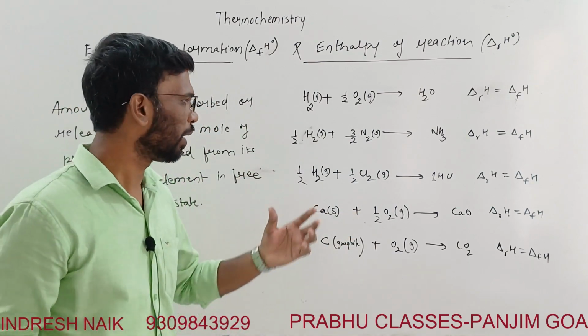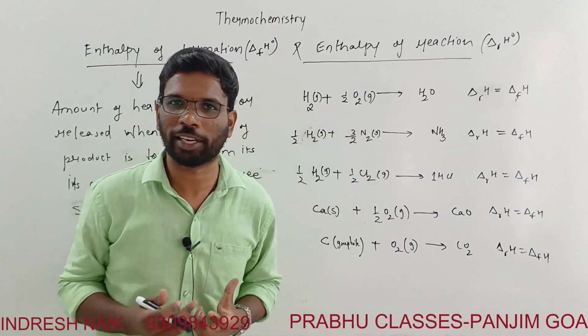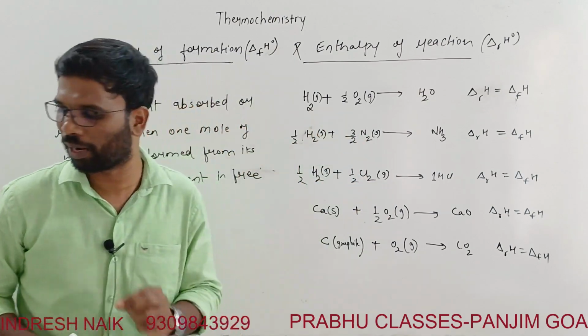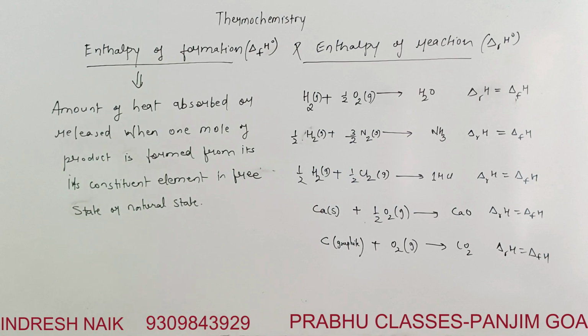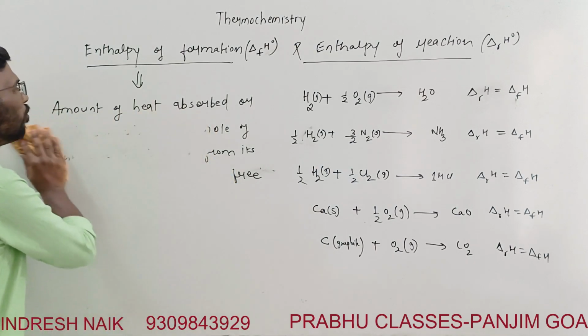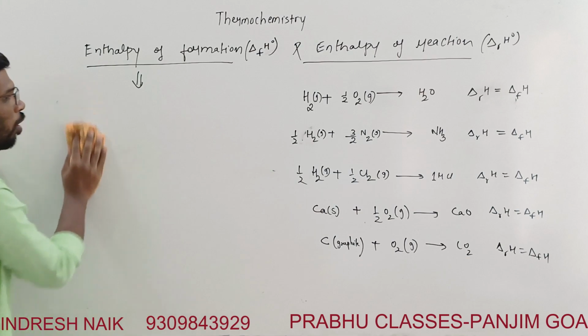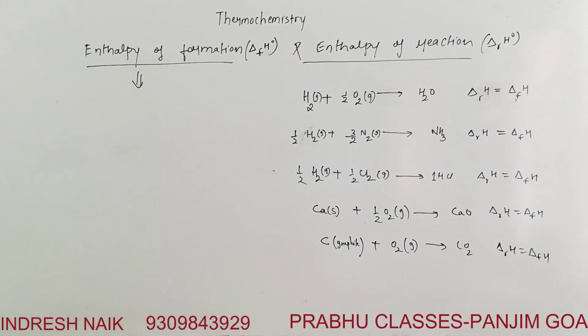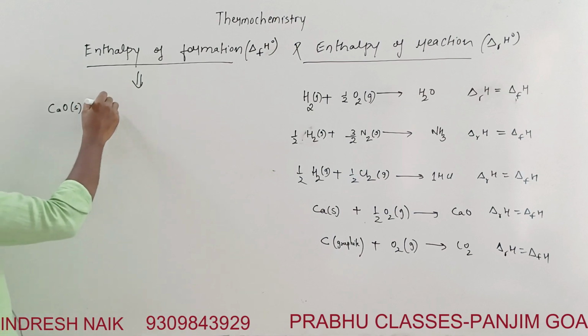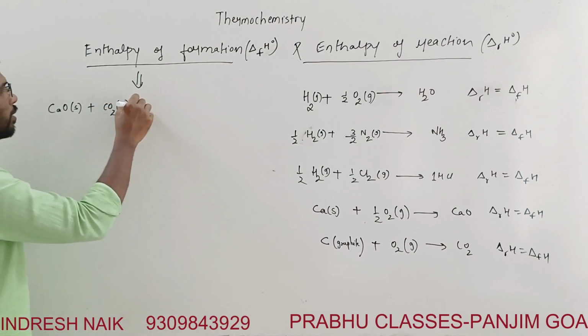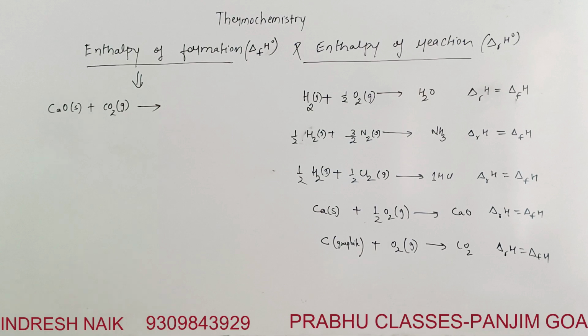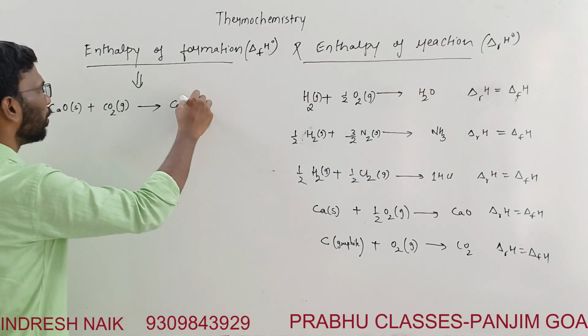I think we will be able to understand this concept better if we take more and more examples. Now I'll write one example where enthalpy of the reaction will not be equal to enthalpy of formation. We'll take this example: calcium oxide solid reacting with carbon dioxide gas to give calcium carbonate solid.